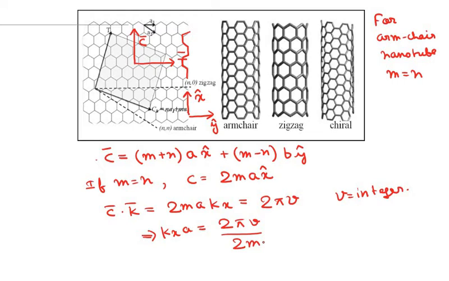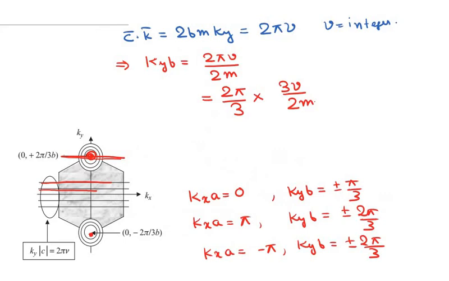Now we again come to these 6 points at which the energy gap is 0. We note that for kx a equal to 0 and ky b equal to plus minus pi by 3, we have one point in the Brillouin zone for which there is no band gap.